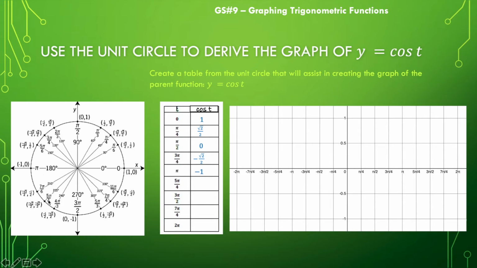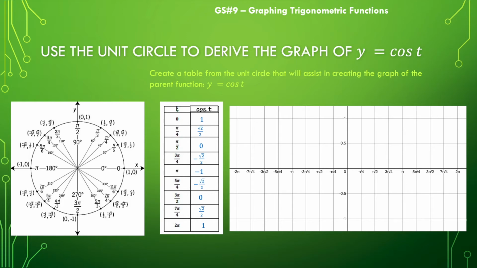At 5 pi over 4 radians, we have an x coordinate of negative root 2 over 2. At 3 pi over 2 radians, we have an x coordinate of 0 again. And at 7 pi over 4 radians, we're at root 2 over 2. And then we're back to the beginning where our x coordinate is 1.